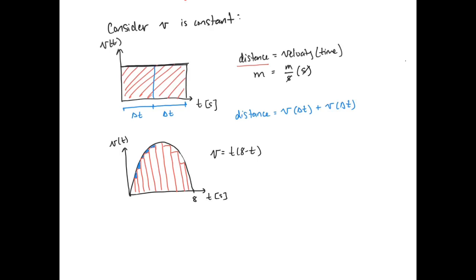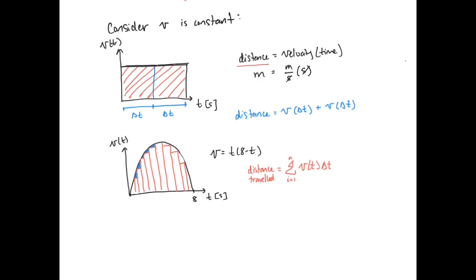So the distance traveled is equal to the summation of v of t times delta t from i equals 1 to n. n represents the number of rectangles that we have.